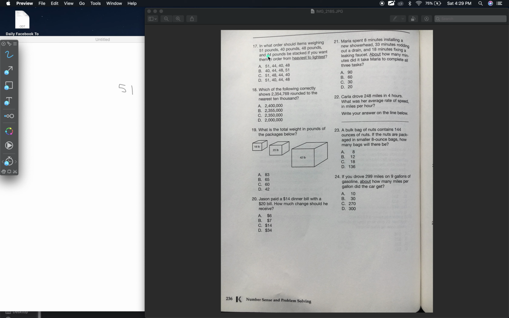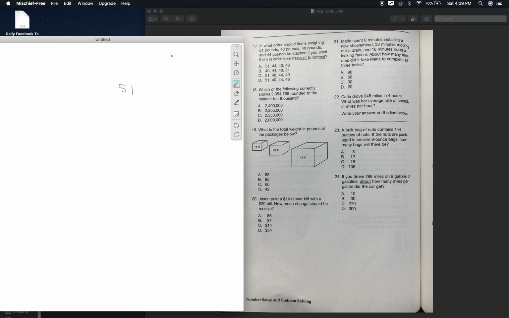Then we have to move to the ones place, the number to the right of the tens place. This has a 0, so that's pretty low. This has an 8. This one has a 4. Since this has an 8, we know that's the second largest number, so that would be 48.